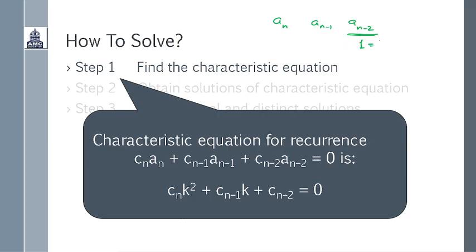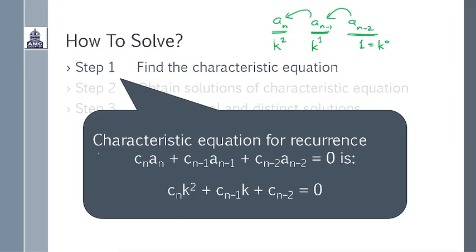So 1 is basically k raised to the power 0, correct? And an minus 1 is hierarchically a little higher than an minus 2, so we mention this as k raised to the power 1, right? And then we have got an, which is again hierarchically one more above an minus 1. So we mention that as k squared.